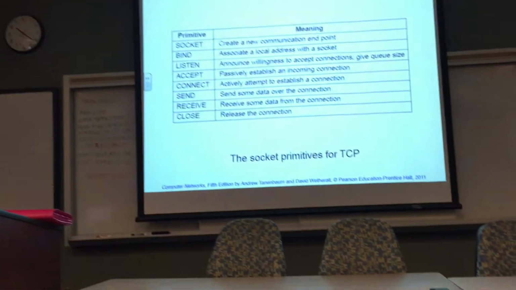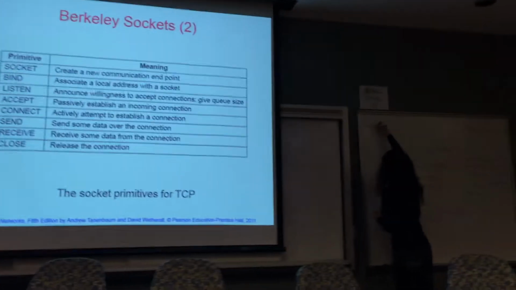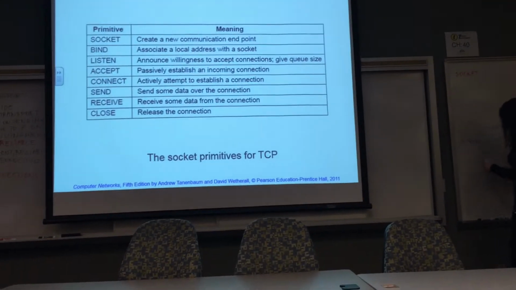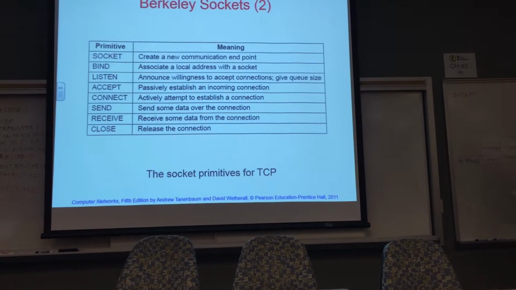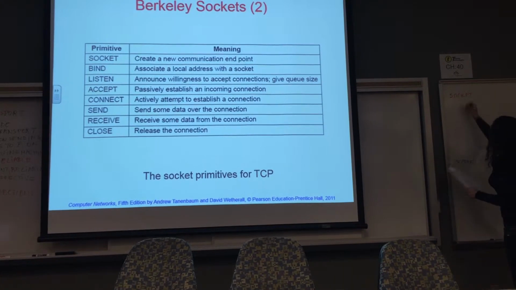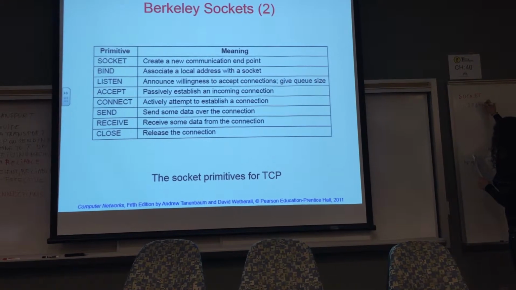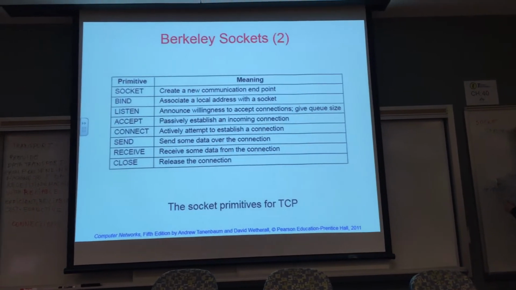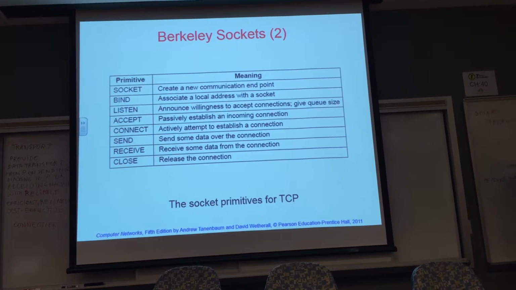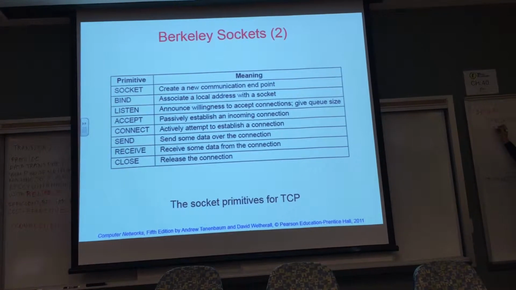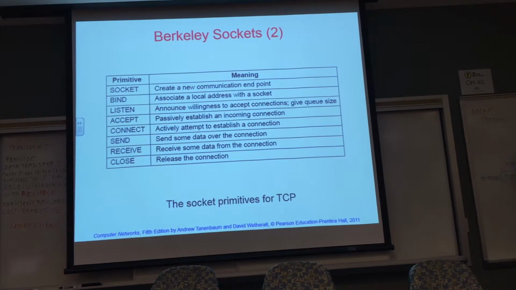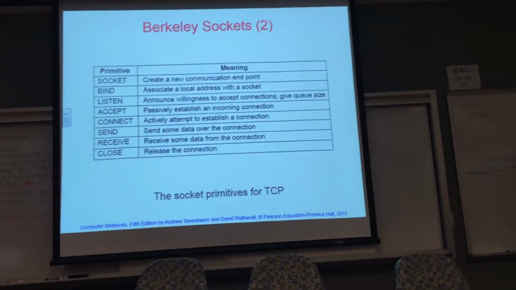So the socket will have three things. It will have the IP address of the machine that we are trying to connect to, which allows us to uniquely identify a machine.